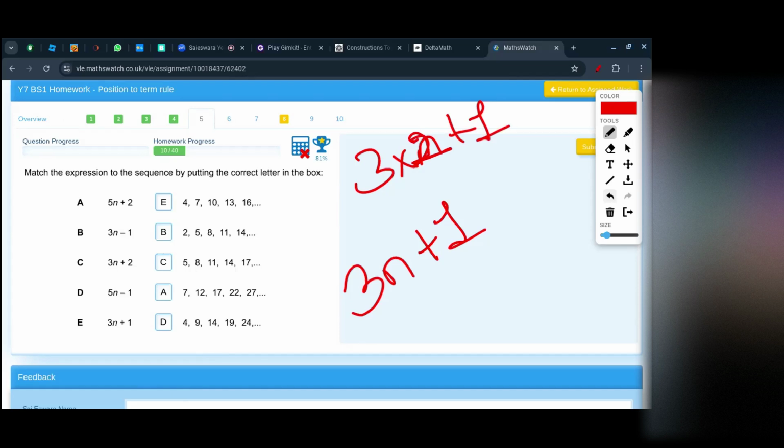And what was the first term in this? 4. So it's the 4, 7 sequence. That's how we check what is the sequence that is coming.